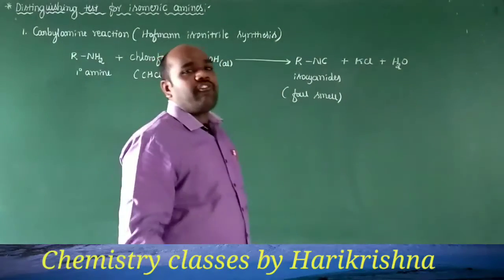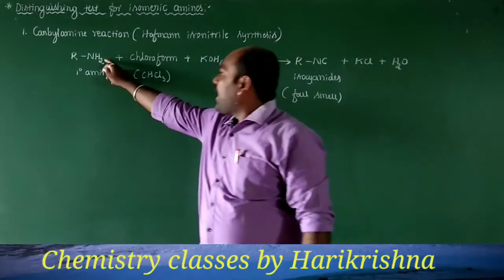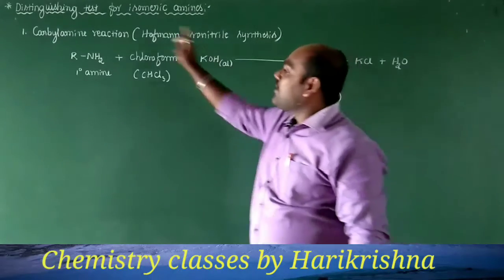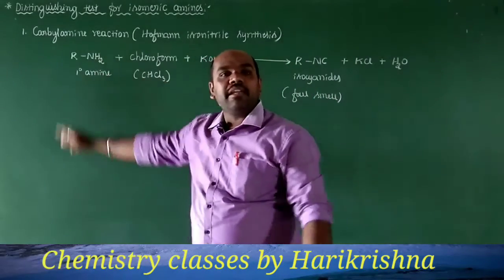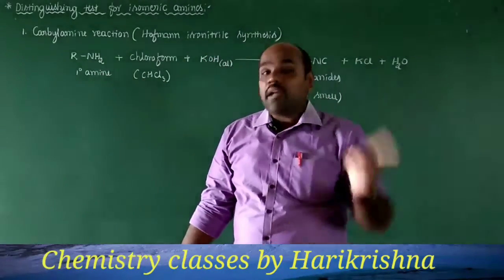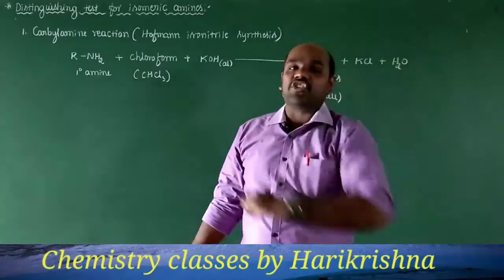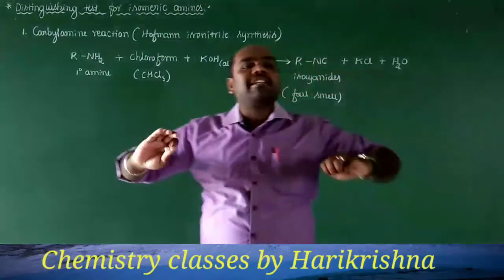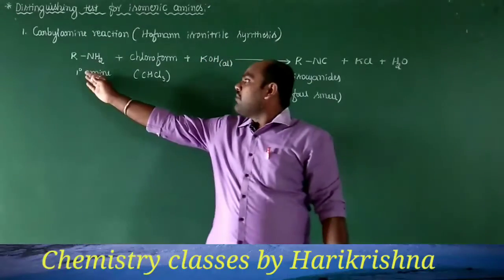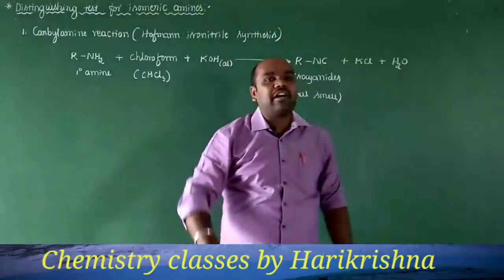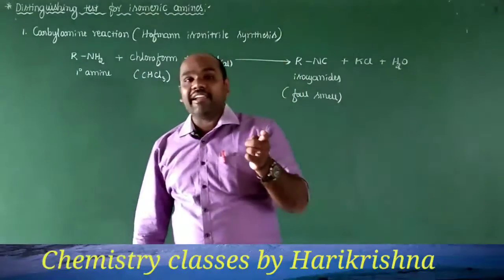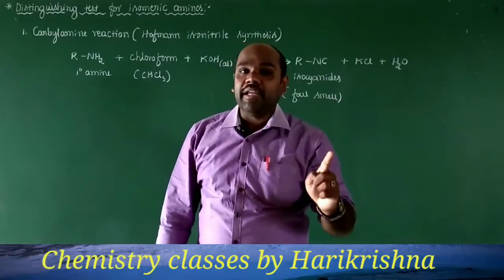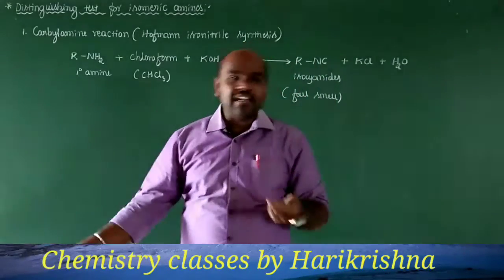So generation of a foul smell upon reaction of an amine with chloroform and KOH says that the amine is primary but not secondary or tertiary. If no foul smell is formed, that indicates the amine is not primary but can be secondary or tertiary.